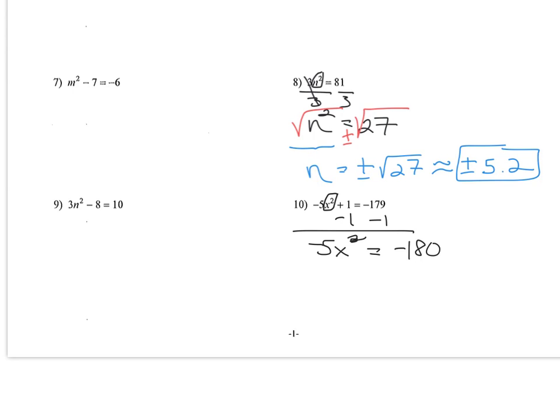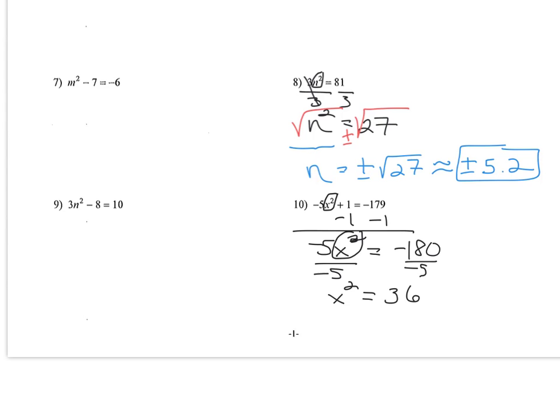I still haven't gotten that squared factor all by itself. I need to do one more step here, and that would be to divide through by the negative 5. When I divide through by the negative 5, 180 divided by 5 does yield a nice whole factor of 36.